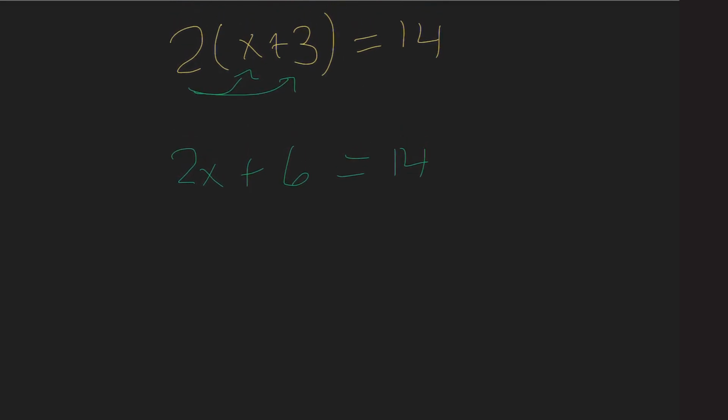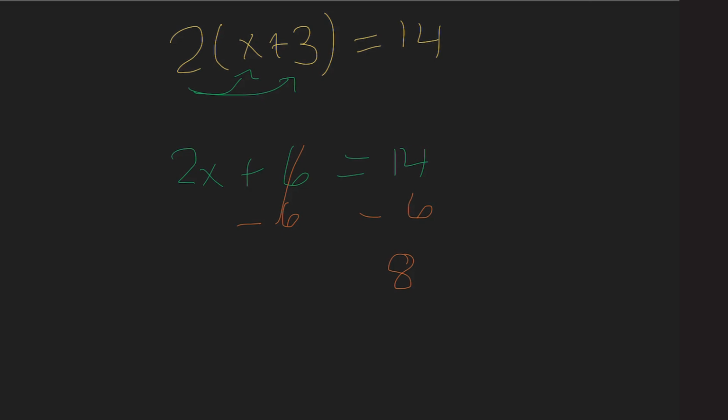So we have to do it like a two-step equation. If you remember from a few lessons ago, we said that you add and subtract first, then you multiply and divide. It's kind of like reverse PEMDAS. So we subtract 6 from both sides. These cancel out. 14 minus 6 equals 8.